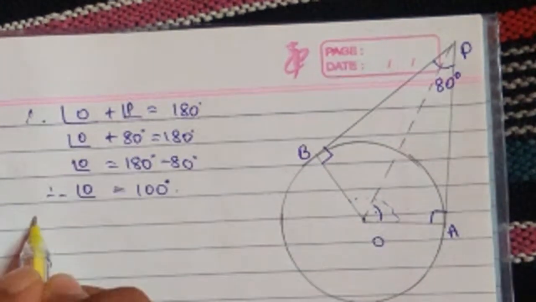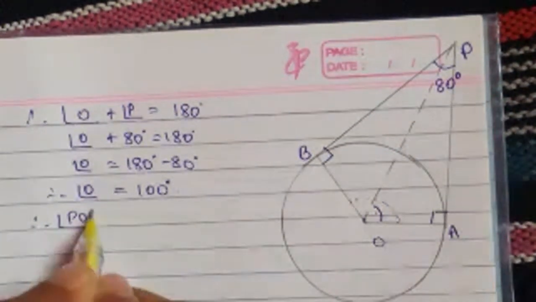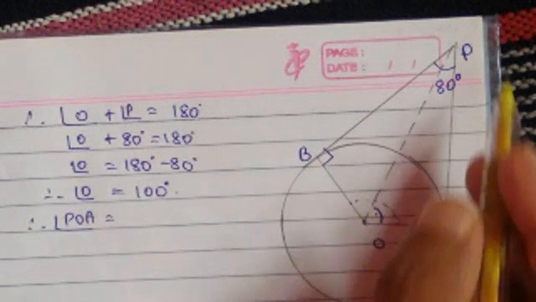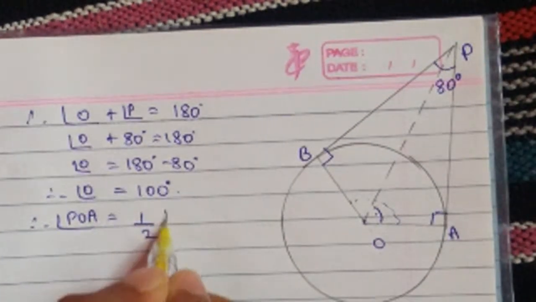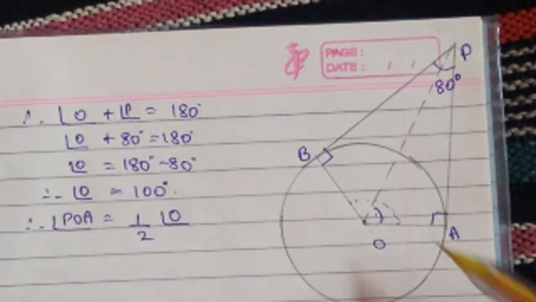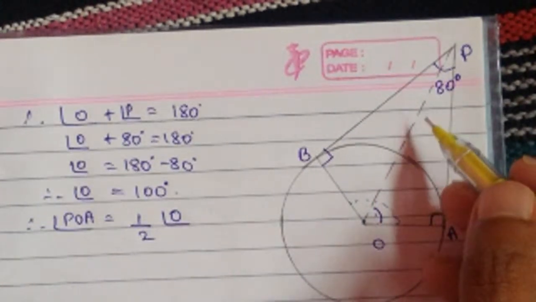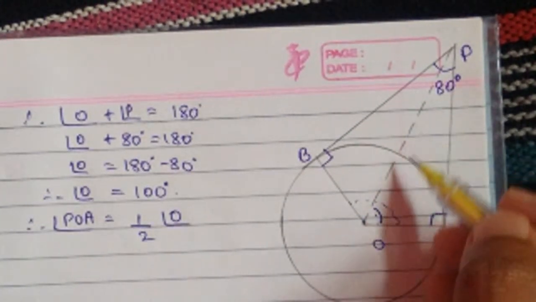So therefore angle POA is equal to half of angle O, because here line OP acts as an angle bisector.